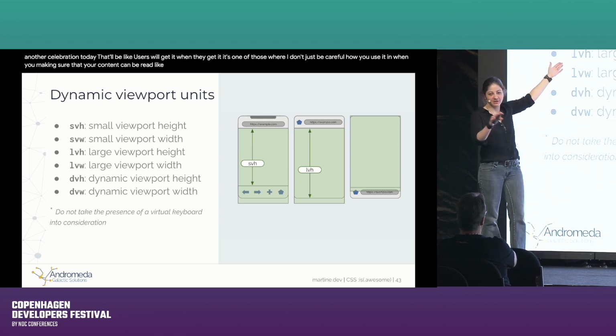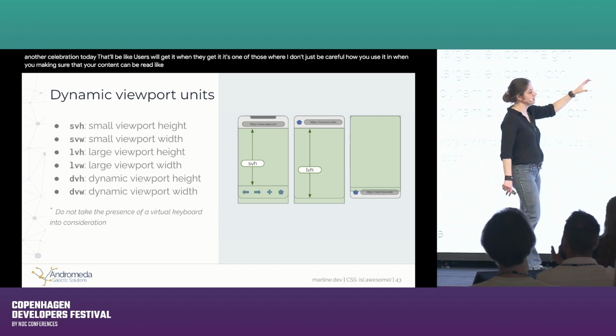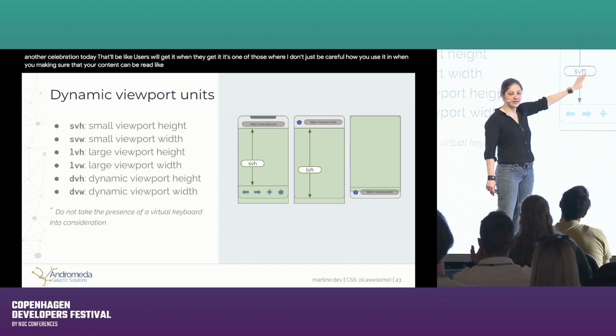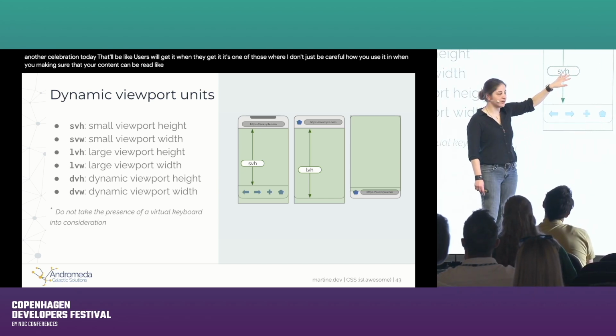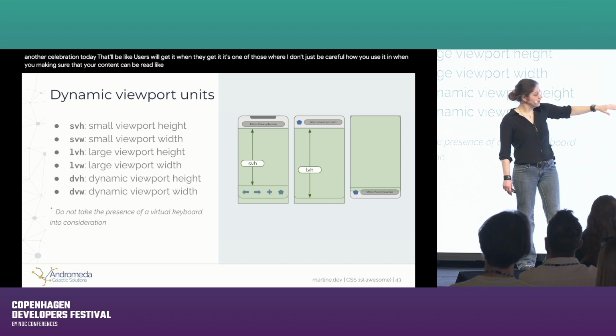Each of them has its height and width. So you have small view height, small view width. That's going to be the smallest available space if you take out any toolbars that may be there, or any OS-specific or system-specific stuff.